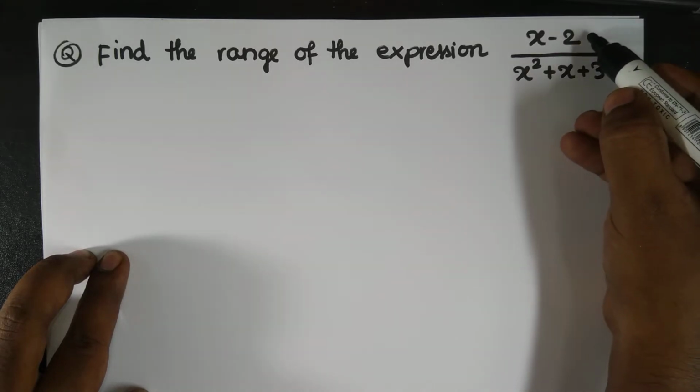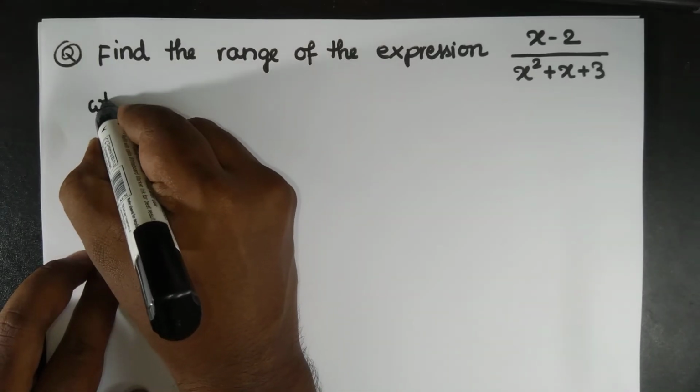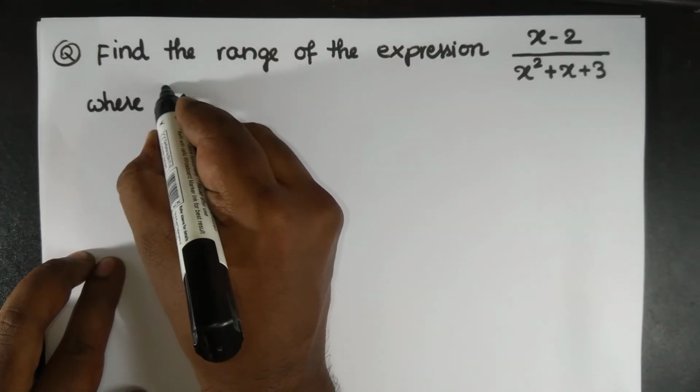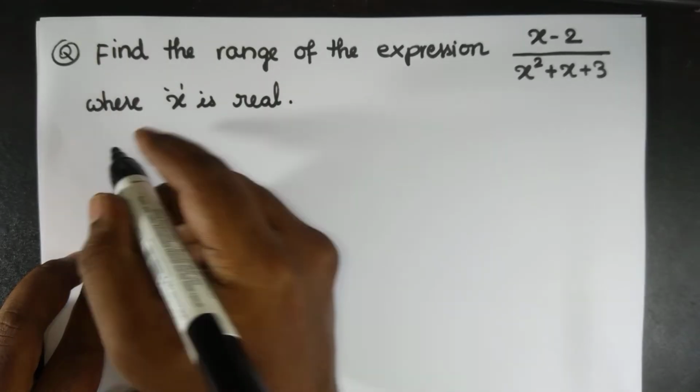So a linear polynomial over a quadratic polynomial is given, where x is real.